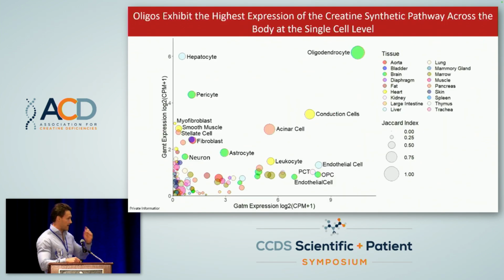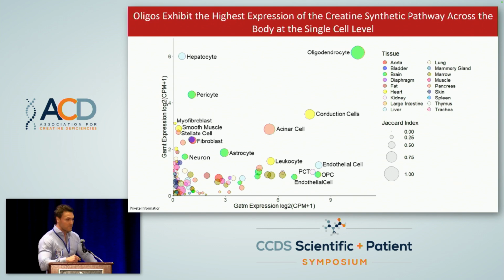When I plotted this map, I found that the gene that encodes AGAT, which is GATM, is very highly expressed, like you would think, inside the proximal convoluted tubule cells of the kidney. But in blue is the liver, and lo and behold, it was detected at the RNA level in the endothelium of the liver, whereas the hepatocyte in the liver expresses high levels of GAMT.